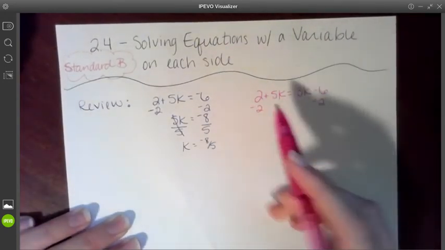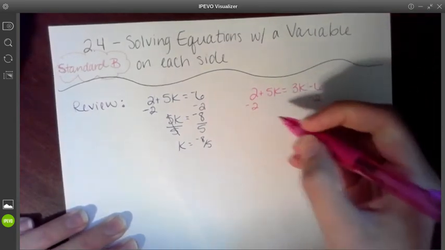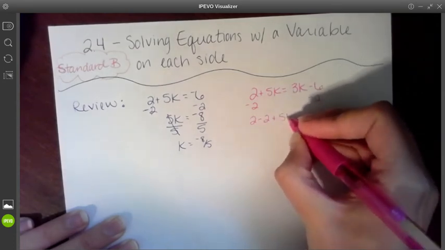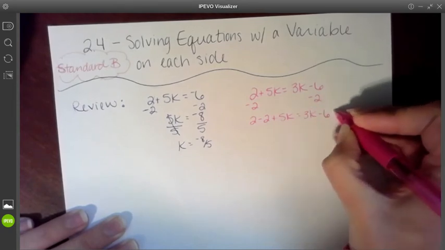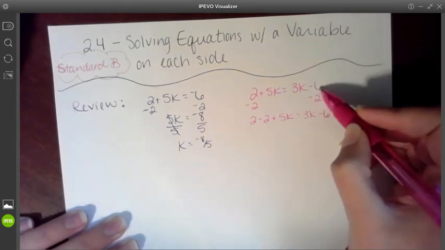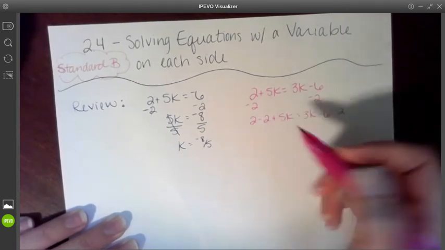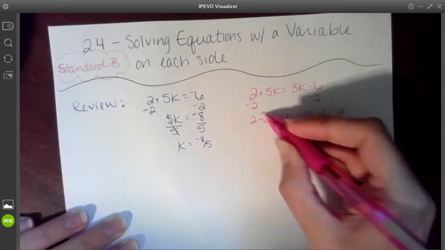Now, remember, when we subtract, we are combining like terms. So I could write this out as 2 minus 2 plus 5k equals 3k minus 6 minus 2, right? That's what we're doing in this step here. All right, 2 minus 2 is 0. So I have 0 here plus 5k.